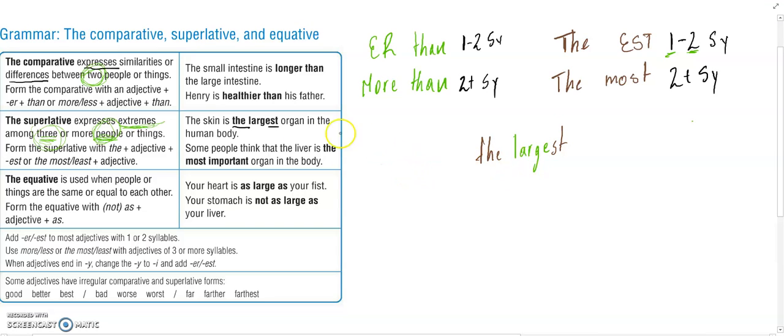So then we could use our example with Pepito. So we could say that Pepito is, the verb to be. Then we use the superlative, the most intelligent in the class.